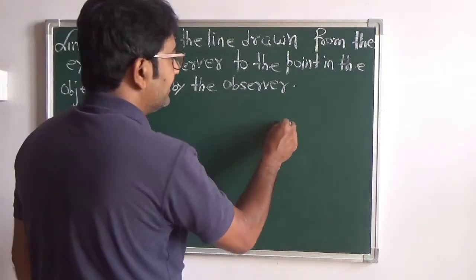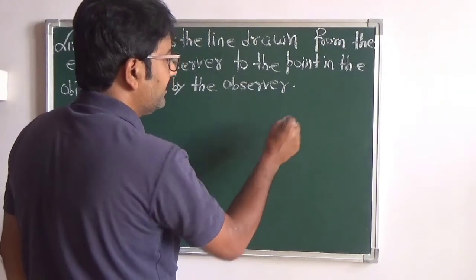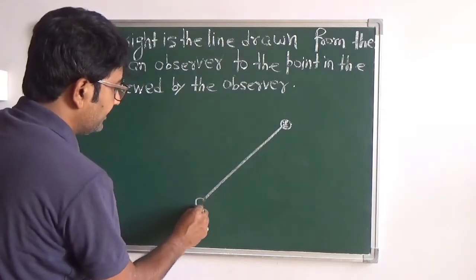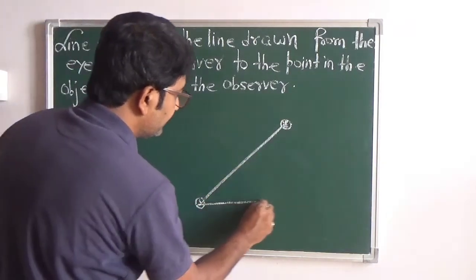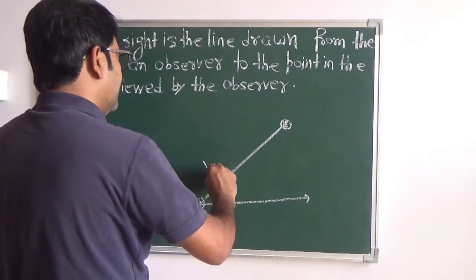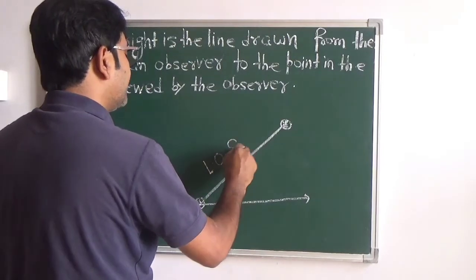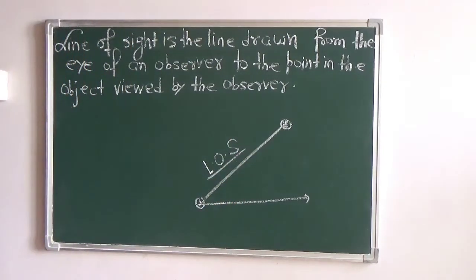So if this is the point where the person is looking, and this is the eye of the observer, and this is your horizontal, then this is the line of sight, LOS.